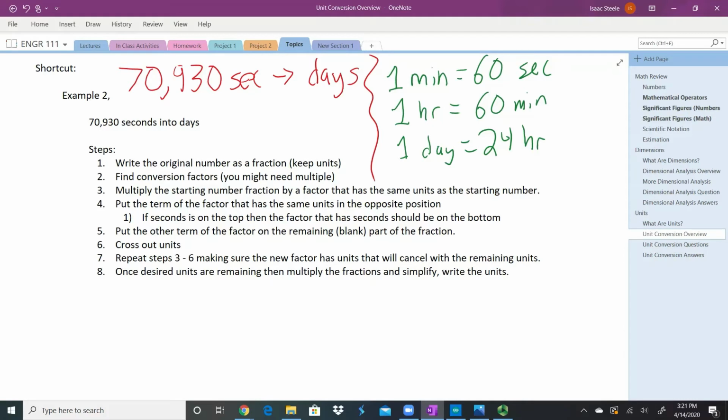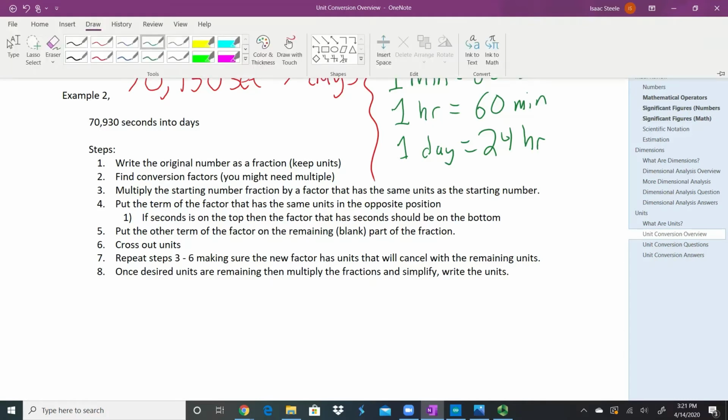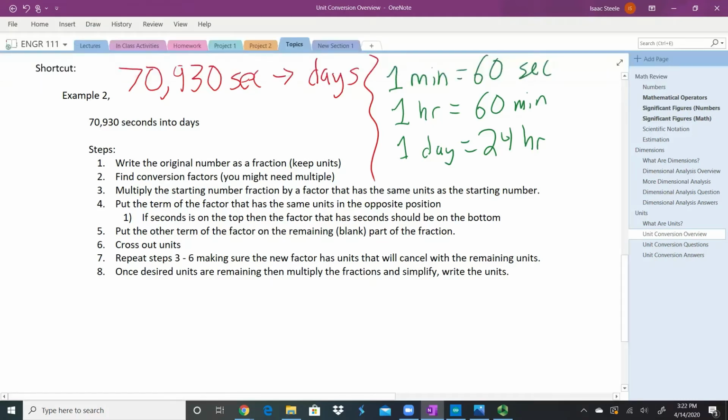I'm going to write my original number as a fraction. And since there's no other piece to this, I'm just going to put it over 1. That makes it a fraction.